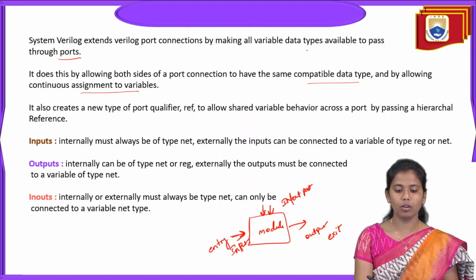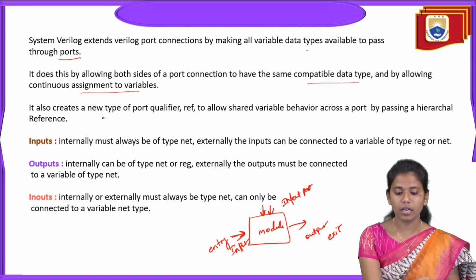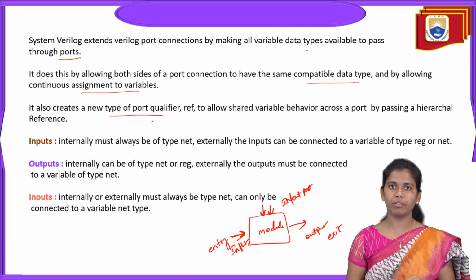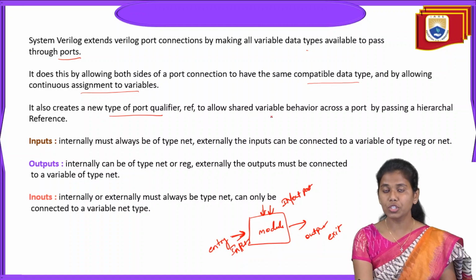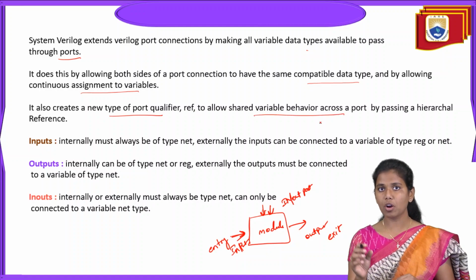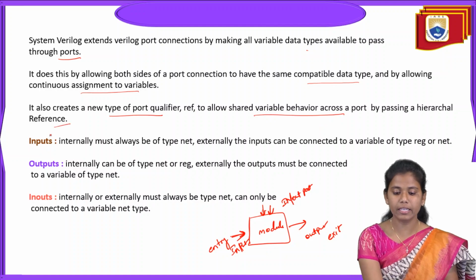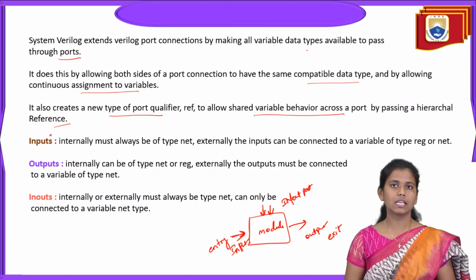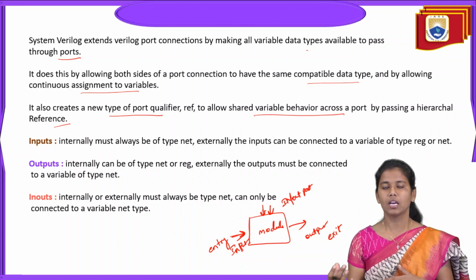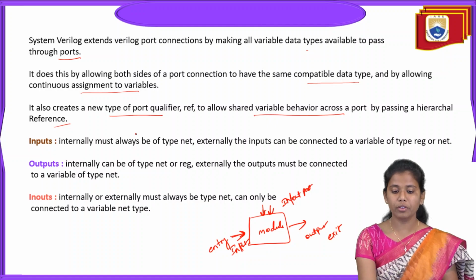It also creates a new type of port qualifier, ref, to allow shared variable behavior across a port by passing a hierarchical reference. By considering the continuous assignment statement, we can know the priority and the references.